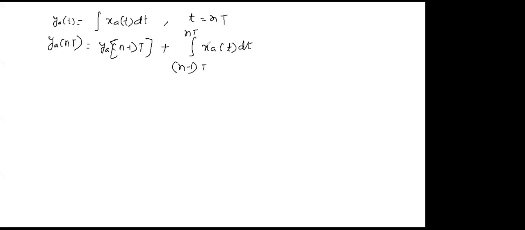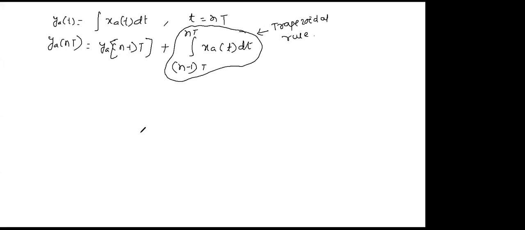Now, if you want to convert this second part into the digital domain, what to do? You have to take an approximation, and the approximation is taken by using the trapezoidal rule.